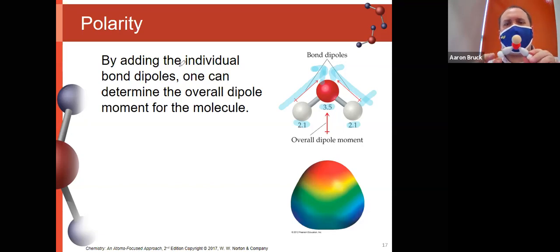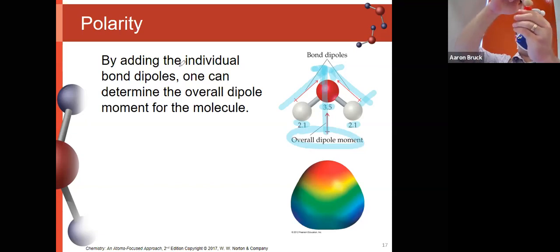And the second thing I would see is that even though these are angled and directional, the left and right directions effectively cancel each other out. There is a net direction, however, upward toward the oxygen. And we call that the overall dipole moment, the overall direction of the electron pull. Electrons are being pulled upward toward the oxygen and its lone pairs in this molecule.